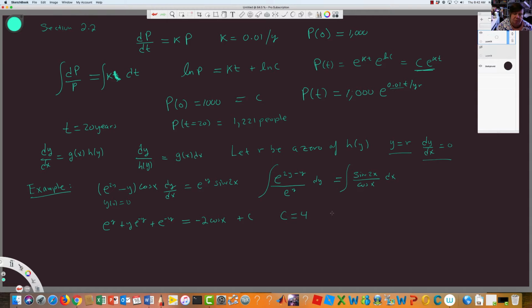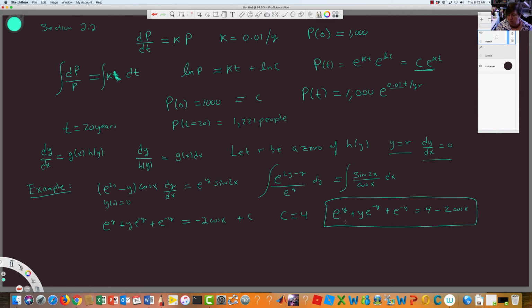Prove that to yourself. I'm going a little quickly. So your final answer here, which is pretty ugly still, is e to the y plus y e to the minus y plus e to the minus y equals 4 minus 2 cosine of x. It is an implicit solution, meaning that it's not y equals something.